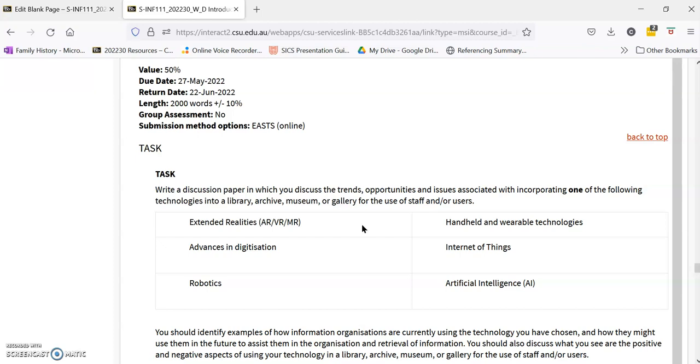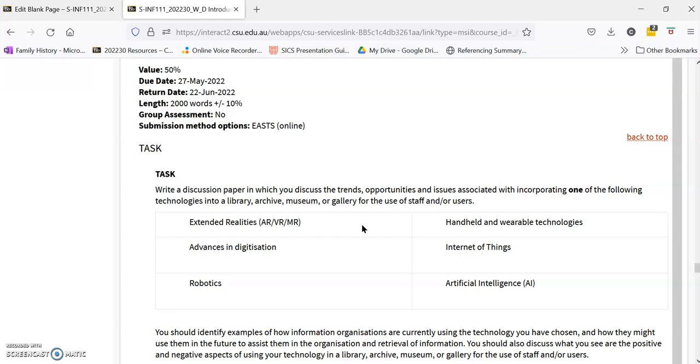If you want to discuss a subset of archives, because archives deal in information maybe in quite different ways depending on what they're actually archiving. Let's say, for example, a film archive might use digitization in a different way to a paper archive.